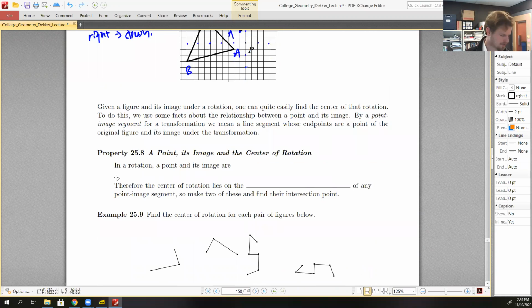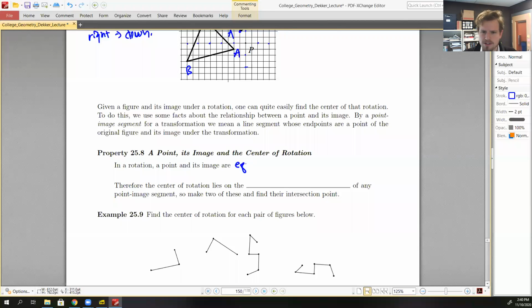So in a rotation, a point and its image are equidistant from the center of rotation.